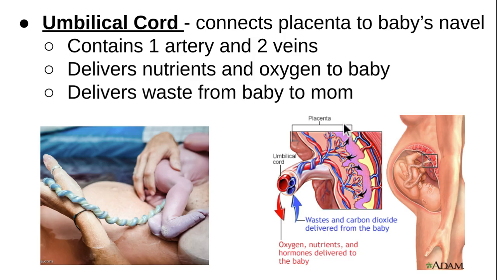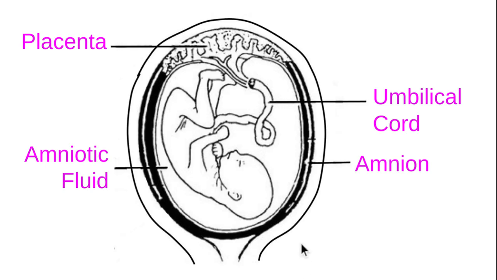So essentially, remember this placenta has blood vessels that can connect with mom's blood vessels, and then the umbilical cord delivers it to the baby. Oxygen, nutrients, all of those things. So technically, the baby is underwater. It's swimming in this fluid. It's not breathing, and it doesn't have to breathe because it's getting oxygen through the umbilical cord. So then we're just going to label the umbilical cord here.